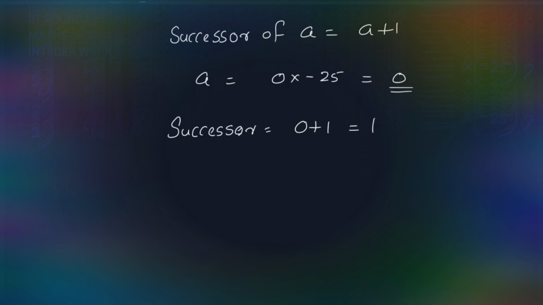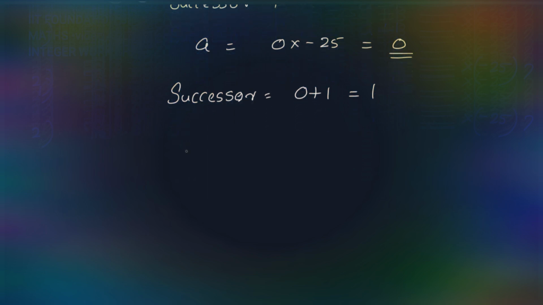In order to get 1, we have to multiply. Here it is given as dash into negative 25 equal to this resulted 1. For that we have to multiply this negative with another negative. That is, to get the answer as 1, it means multiplicative inverse or reciprocal.